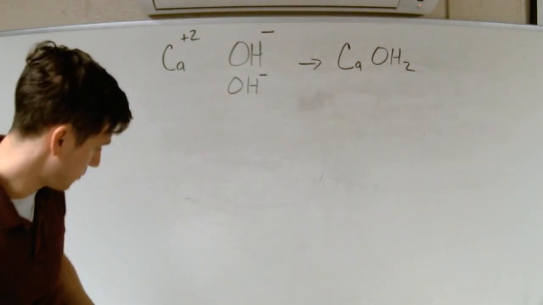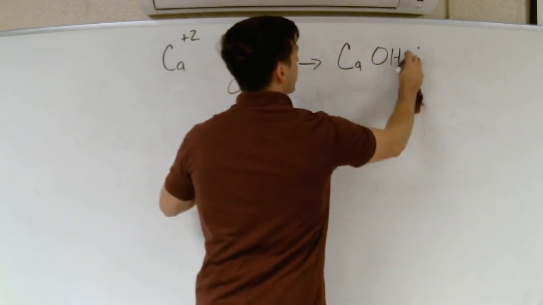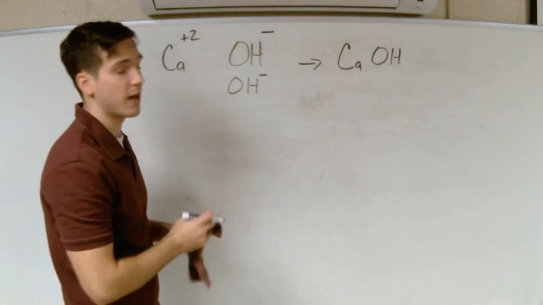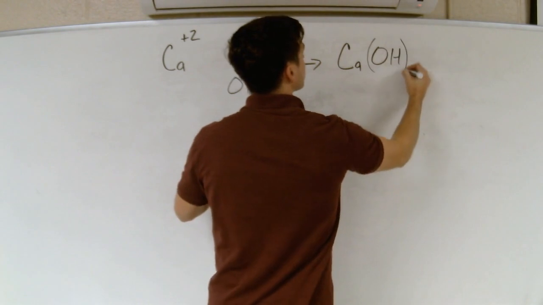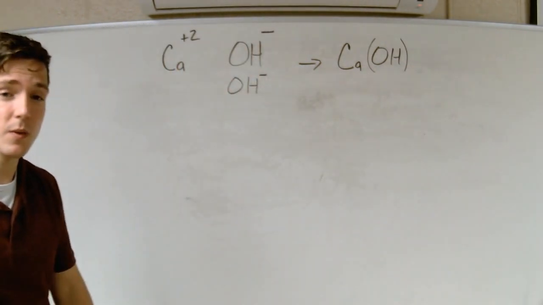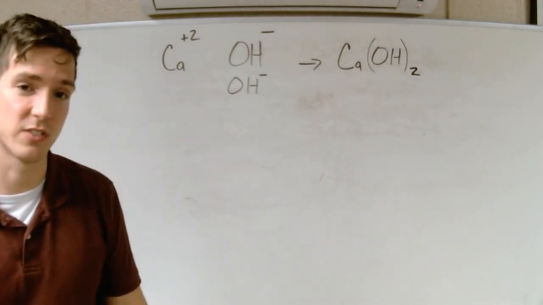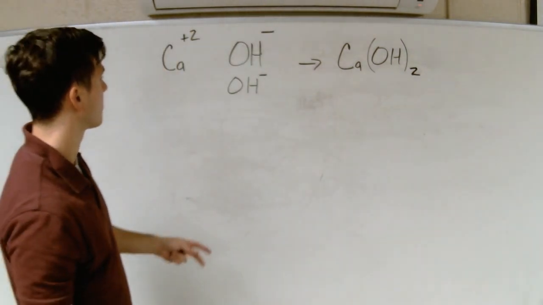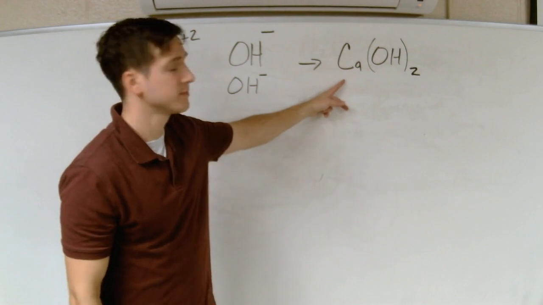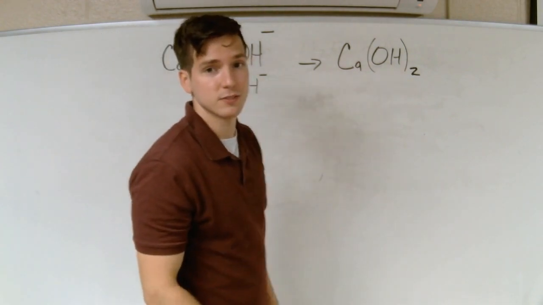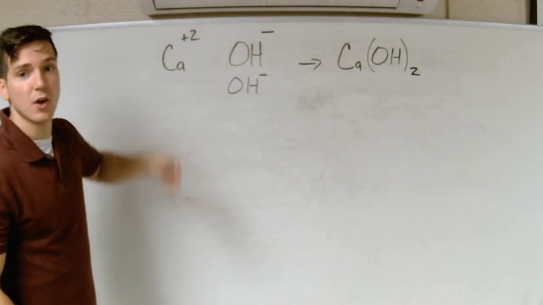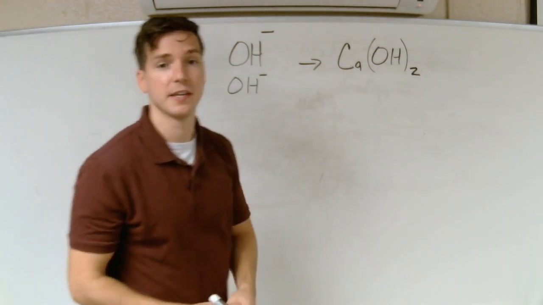So whenever you have more than 1 polyatomic ion, you put it in parentheses, and then you put how many you need on the outside of the parentheses. What we're saying is I have 1 calcium and 2 hydroxides. But remember, you have to put it in parentheses.